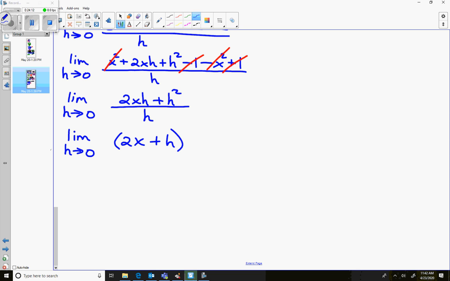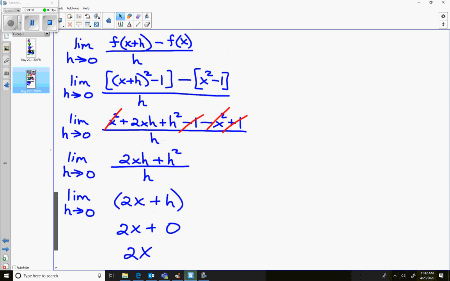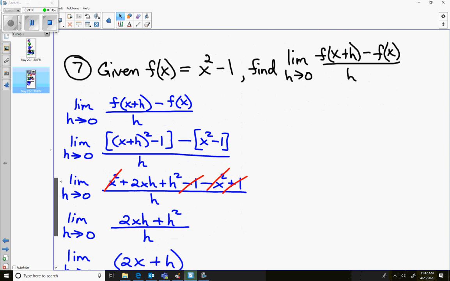So I don't need to keep writing the limit anymore. Now we have a continuous function, plug in 0 for h, and so I get 2x plus 0. Our final answer here is 2x. All right, this is a limit with what's called the difference quotient.